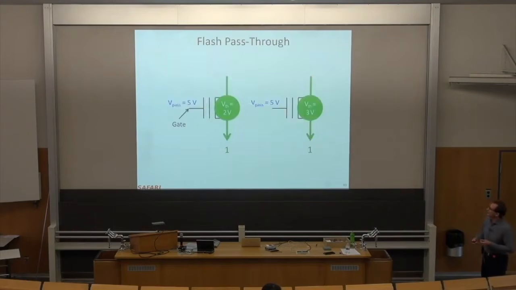Okay, and pass-through is basically, if you want the other cells not to affect what's being read from the top, you apply a pass-through voltage, which is higher than any of the read reference voltages, really higher than any of the programmed threshold voltage values. So in this case, 5 volts, let's say. So it's a very high voltage.